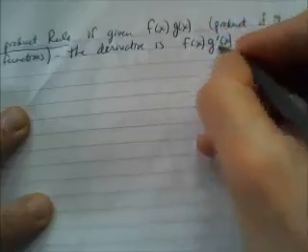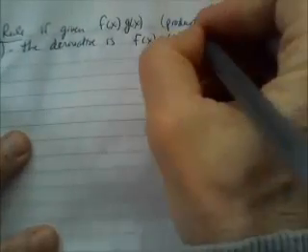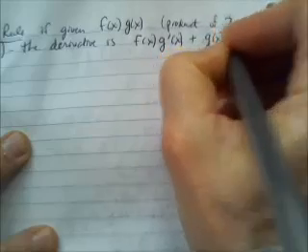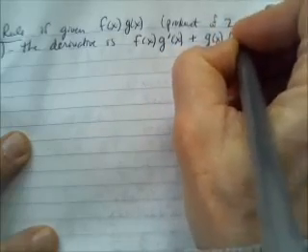So first times the derivative of the second, plus second, which is g of x, times the derivative of the first.